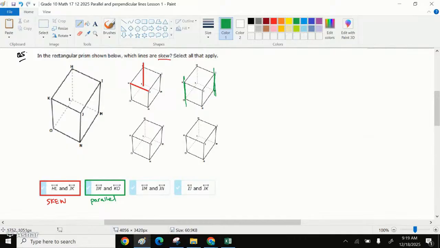The next one is IM and JN. Let's see, where is IM? This is IM and this is JN. So they are not skew, but they are parallel. This is our correct answer up till now.